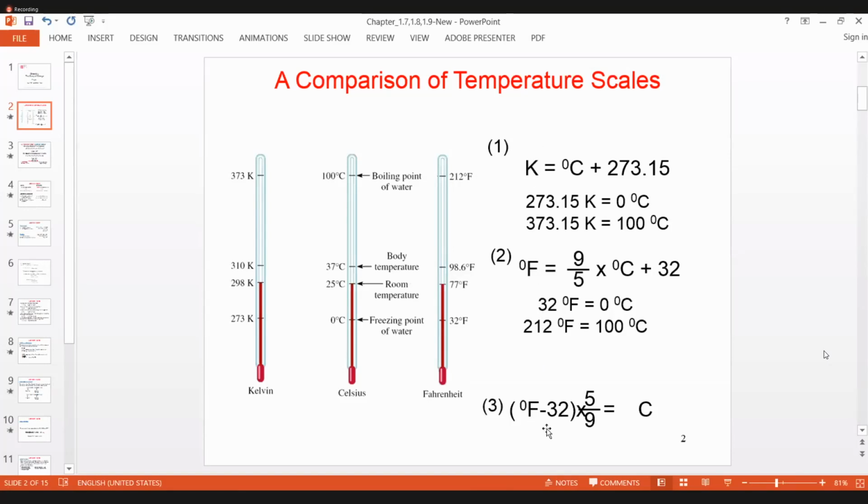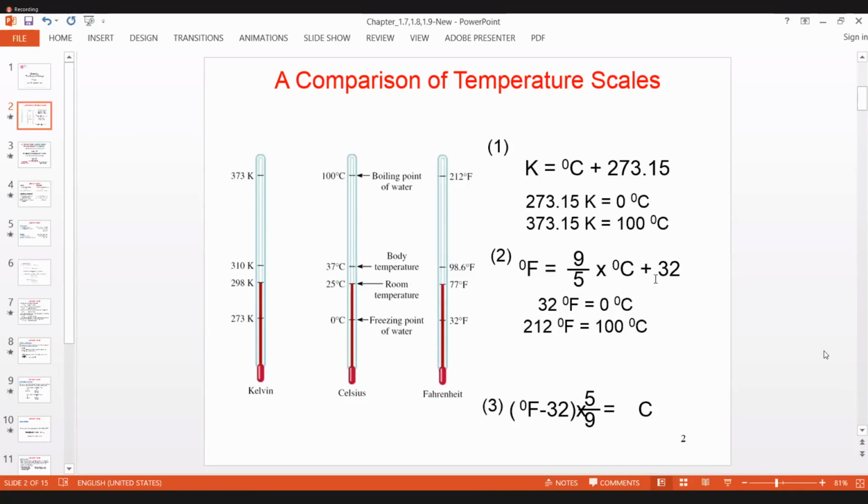The formulas we have: if you want to change Celsius to Kelvin, you have to add 273.15 to the Celsius degree centigrade, right? So you will change Celsius to Kelvin. If you want to change Celsius to Fahrenheit, you use this formula. Fahrenheit is equal to 9 by 5 multiplied by whatever temperature you have in Celsius, plus 32.